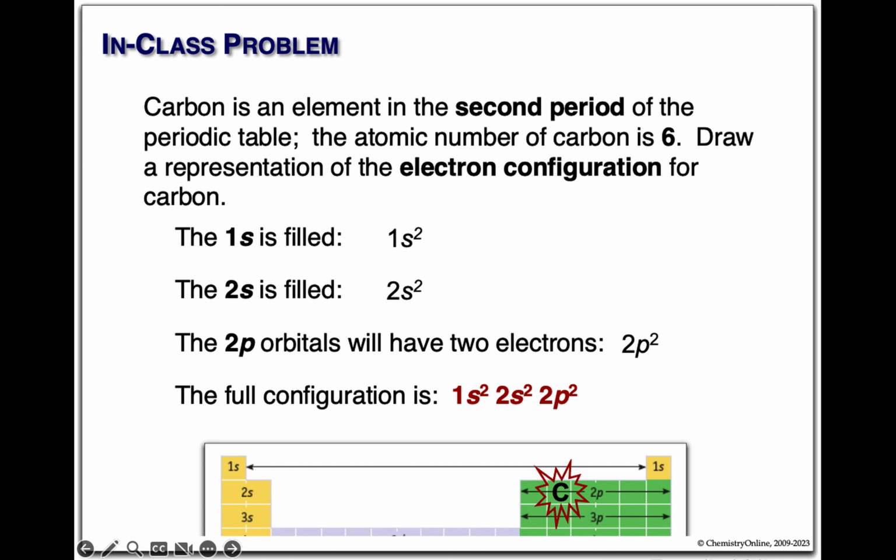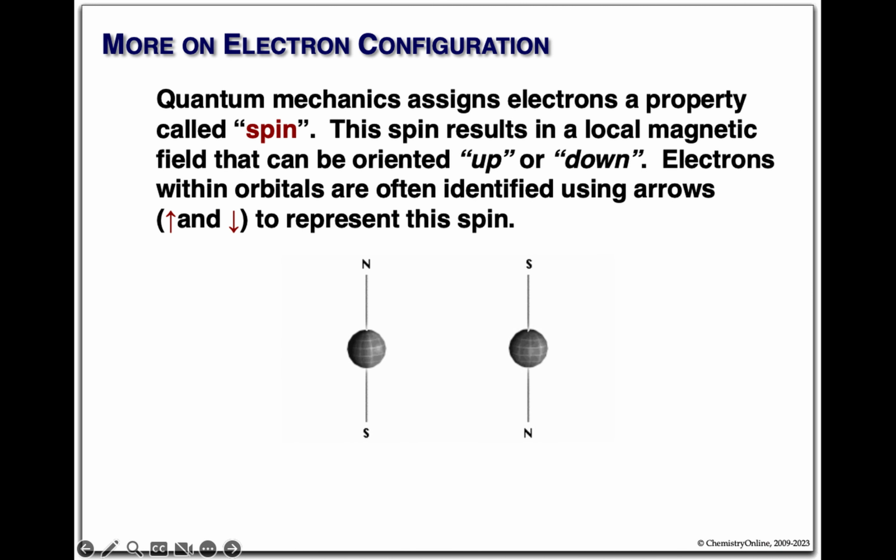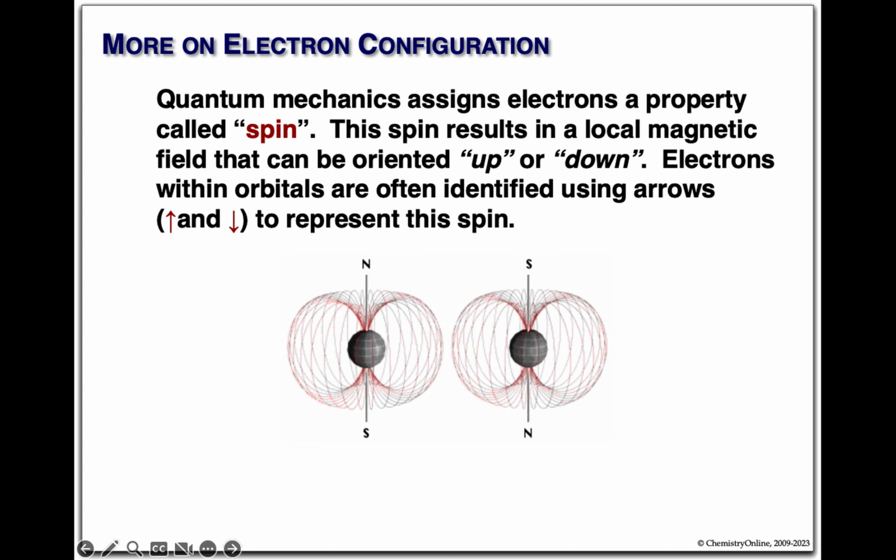But quantum mechanics has a habit of always throwing in something strange, and it does. The quantum description of an electron gives it 4 properties. The first 3 describe the orbitals that the electrons go in. The second is called spin. Now, the electron really isn't a little ball that's spinning, but it behaves as if it was.